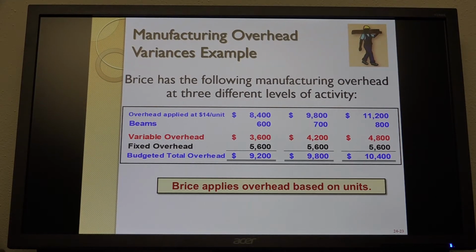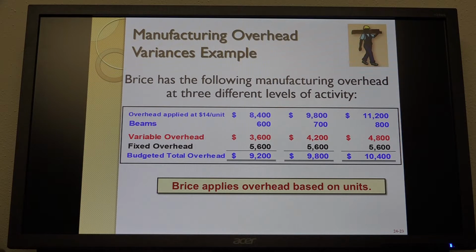And so we have an overhead variance example here. Bryce has the following manufacturing overhead at 3 different levels of activity. You've got in the first 600 beams, in the middle 700 beams manufactured, and then to the right, 800.